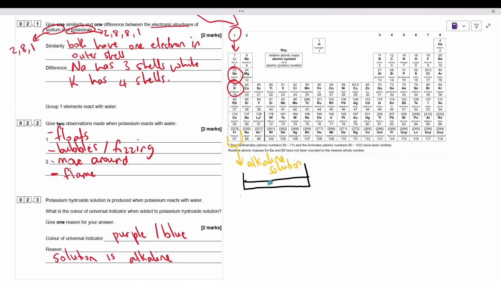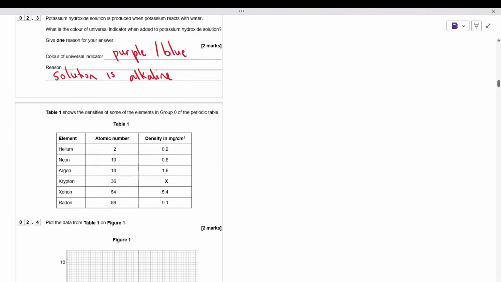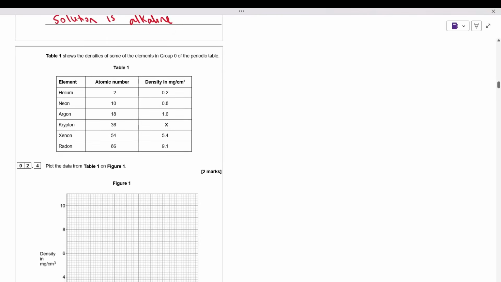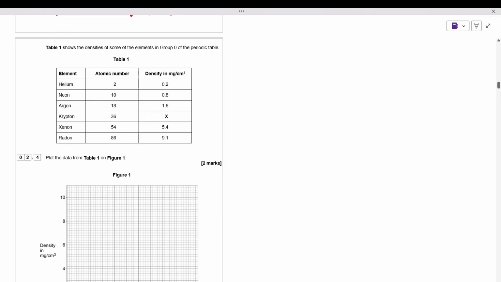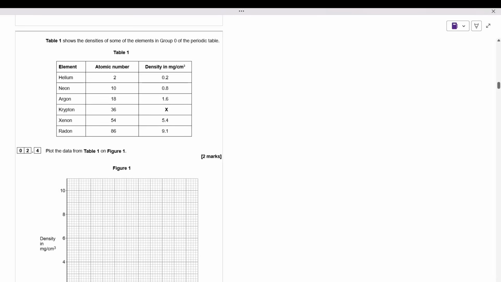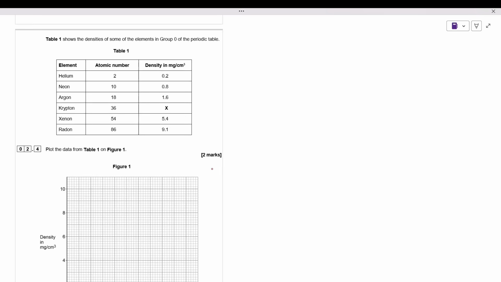Now let's carry on. This one shows us a bit of the trend in terms of the densities of some elements in group 0 of the periodic table. Group 0 are the noble gases, the royals of the periodic table, from helium all the way to radon. It gave us the atomic number, and as we move down, atomic number increases, which corresponds with the trends in the periodic table.